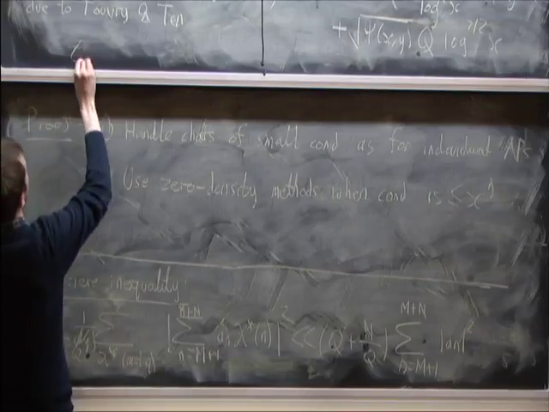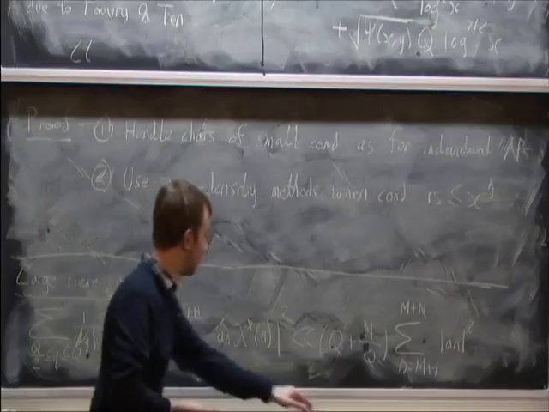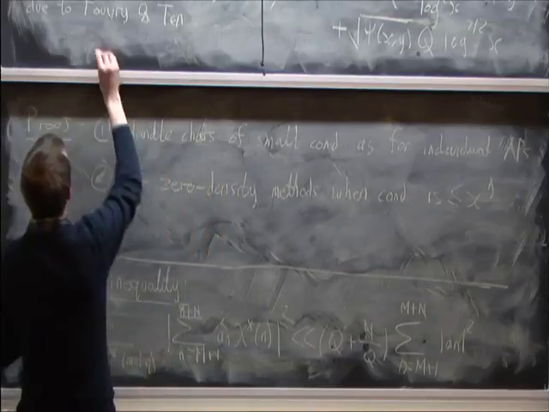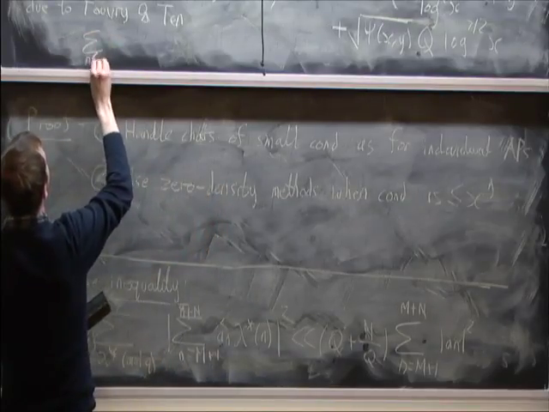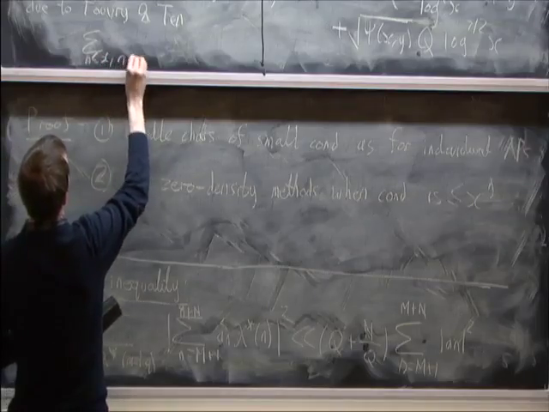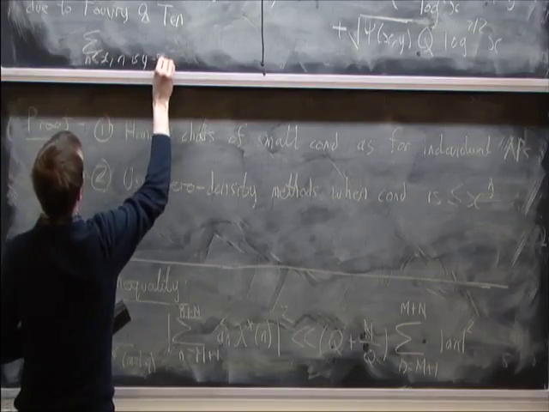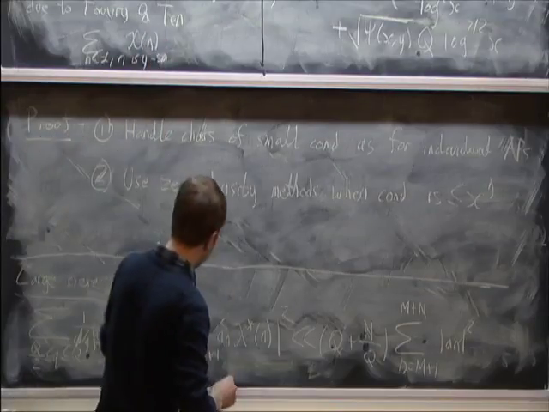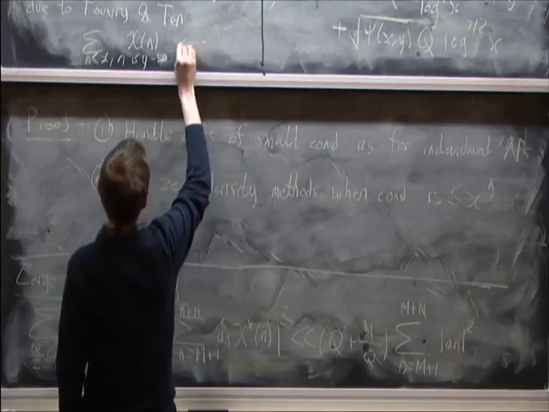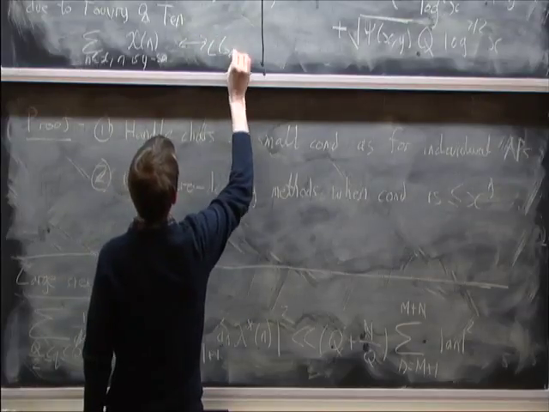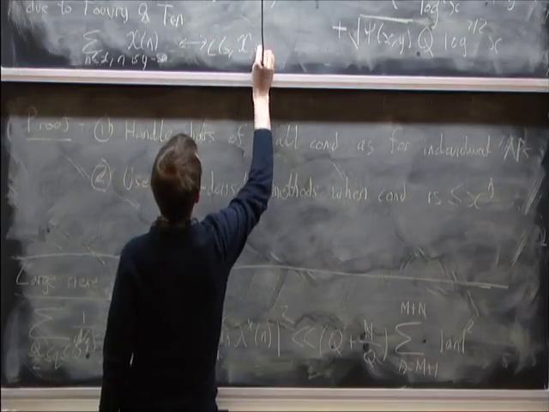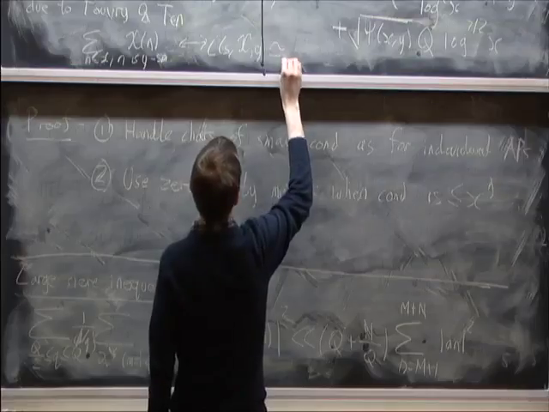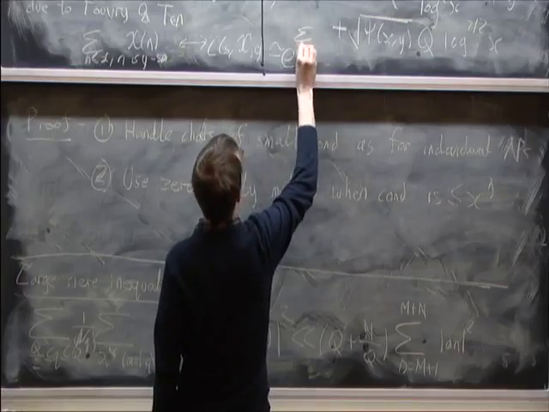So L(s, chi), the sum of chi(n), this somehow corresponds to L(s, chi, y), and this looks like an exponential of a sum over primes.